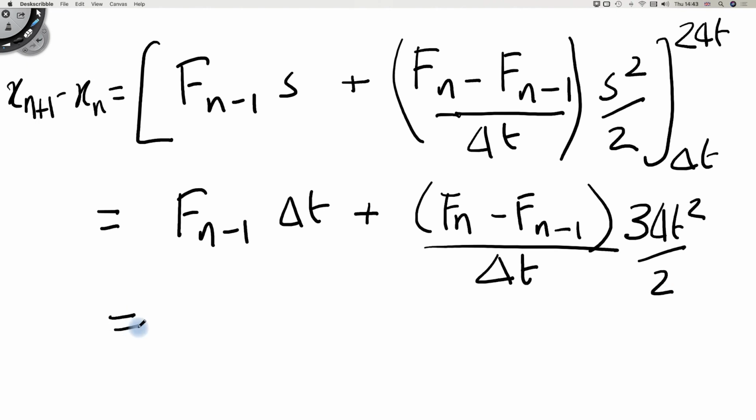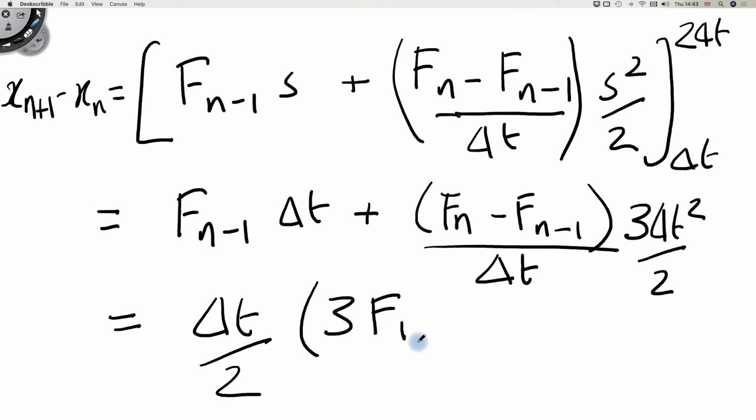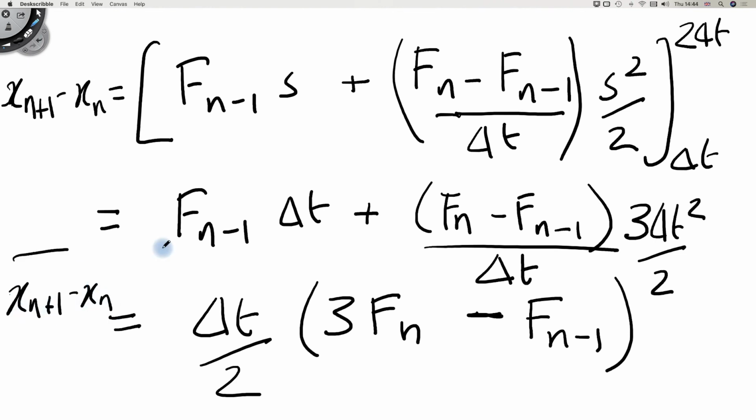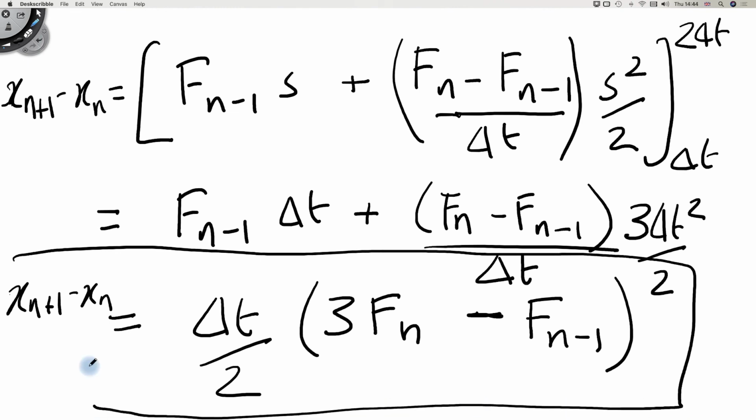And then finally, just bringing together terms in f_{n-1} and f_n. The term in f_n is simply 3 delta t on 2. And then you've got 1 of f_{n-1} minus 3 halves, so you end up with minus a half f_{n-1}, which is exactly the expression I wrote down in the first place.